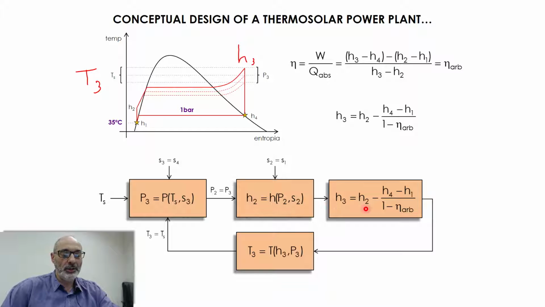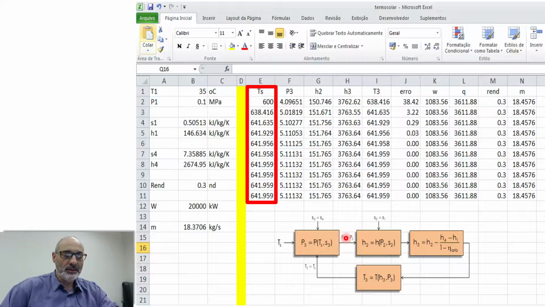Now I know H2, H1, H4, and the efficiency, so I can calculate H3. And knowing H3, the entropy at point 3, and the pressure, I can calculate T3, which is the temperature that I estimated in the first place. So I can iterate this, and it can be done very easily.